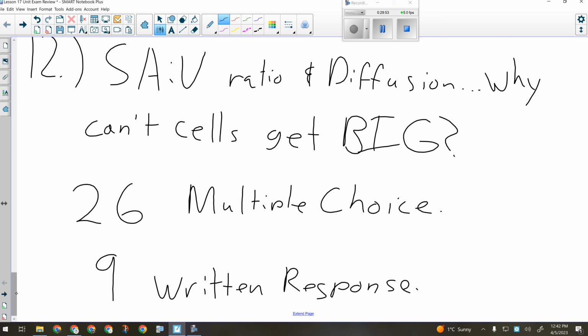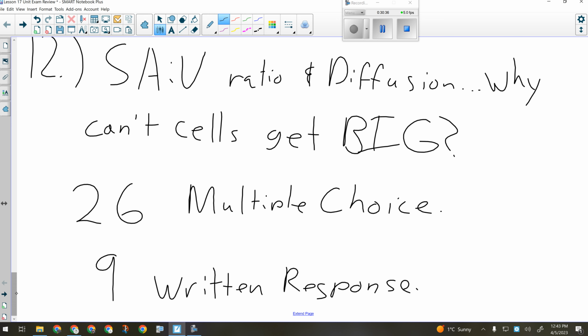Plant structure and transport. Plant transport. Plant growth and development. Modes of nutrition, multicellularity, plant structure and transport, microscopy.